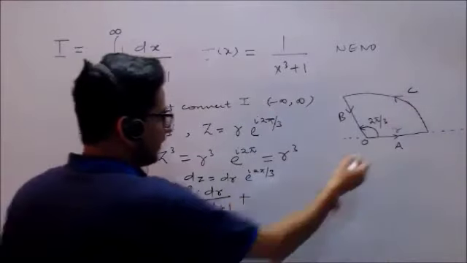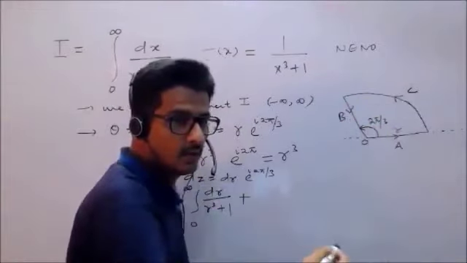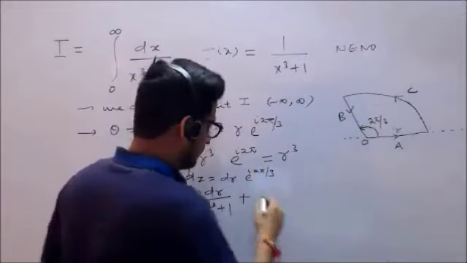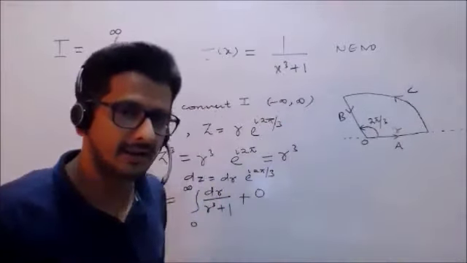Plus, when you put the contour and the limit, what will you get for the arc? It is 0 by Jordan's lemma. I told you, by Jordan's lemma.